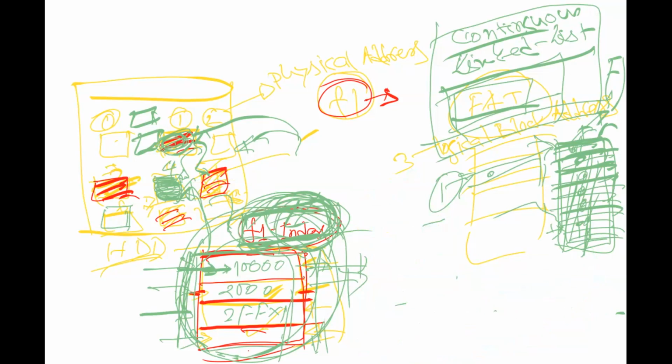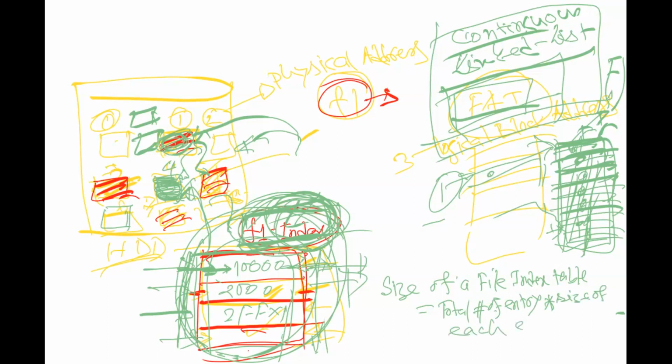The size of a file index table is equal to the total number of entries of this table multiplied by the size of each entry. All right, now we can calculate this.